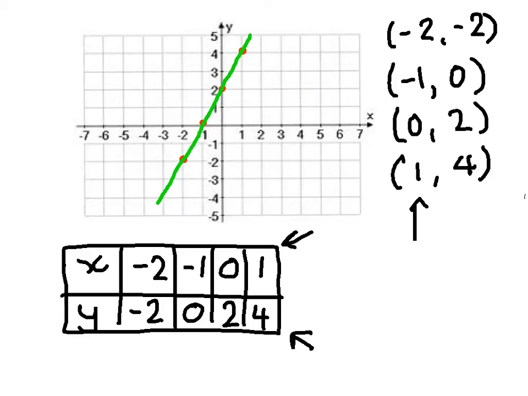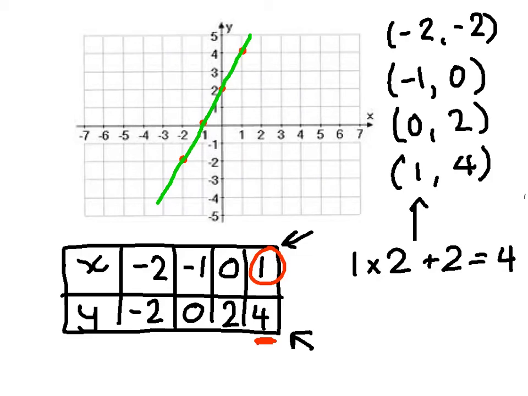So if I had 1 and I times it by 2, that answers 2. I'd have to add 2 more on to get to 4. Okay, so I've used the x value here, and I've multiplied by 2 and plus 2, and I've got the value down the bottom there.